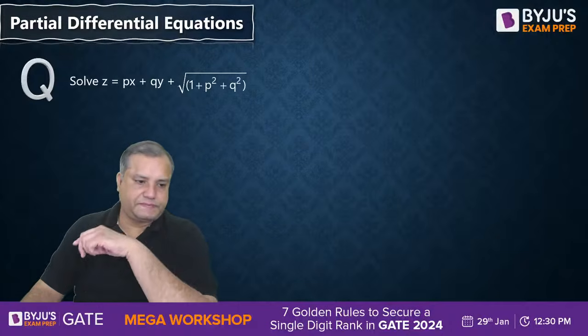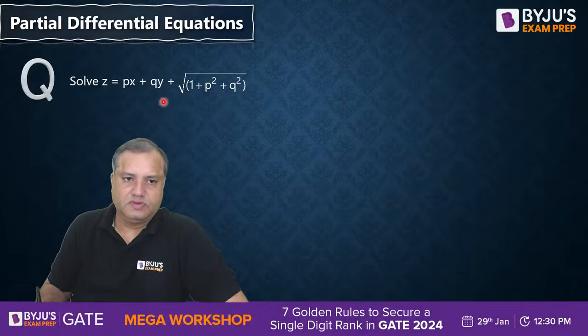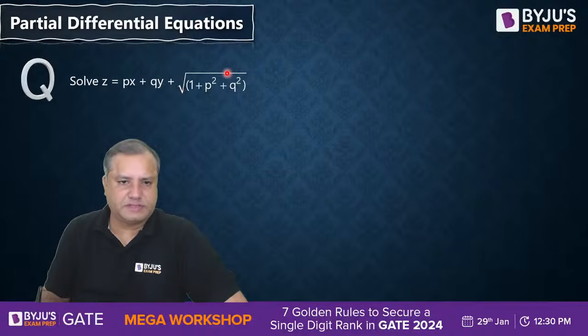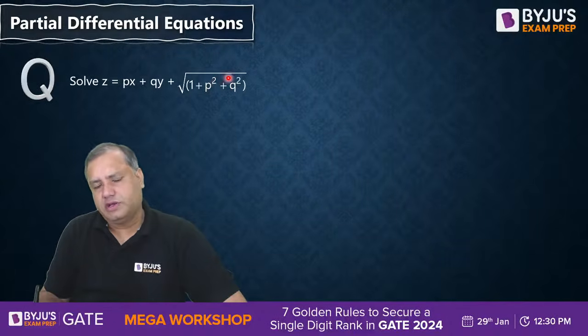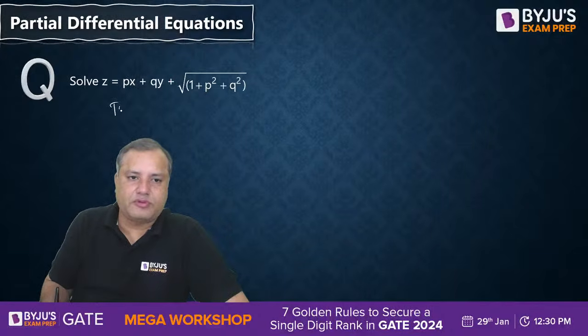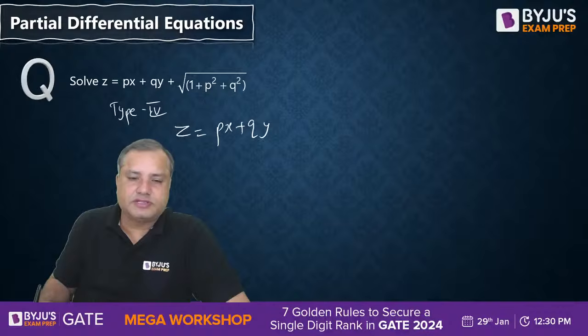See this question. All of you must go through this question. Z equal to Px plus Qy plus under root of this. What we want? We want its solution. Very simple. This is Clairaut's form, type 4. Z equal to Px plus Qy plus f of p comma q.